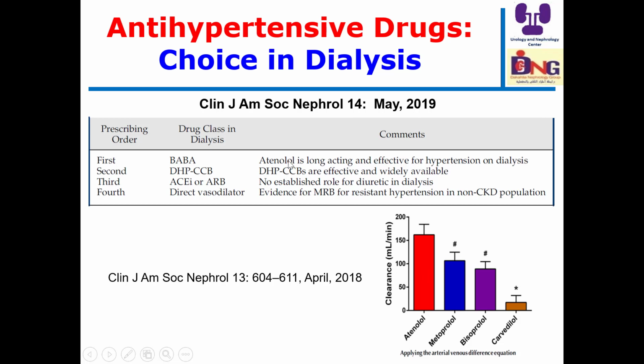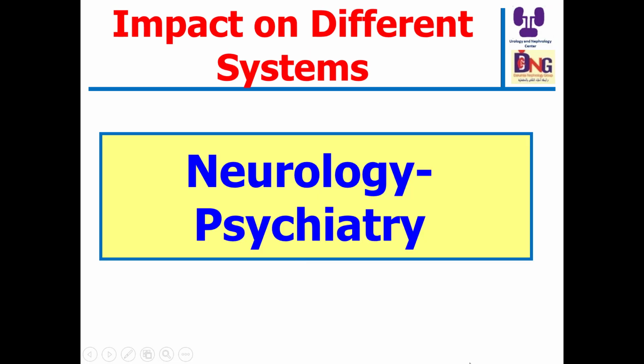If you use atenolol, use it after the dialysis session, because it is extensively dialysable, which may precipitate arrhythmias and intradialytic hypertension. So the first line is beta blocker, followed by dihydropyridine calcium channel blockers, and ACE inhibitor or ARB lie in the third line of management, followed by direct vasodilators. So this is the order of prescription of antihypertensive medications in dialysis.